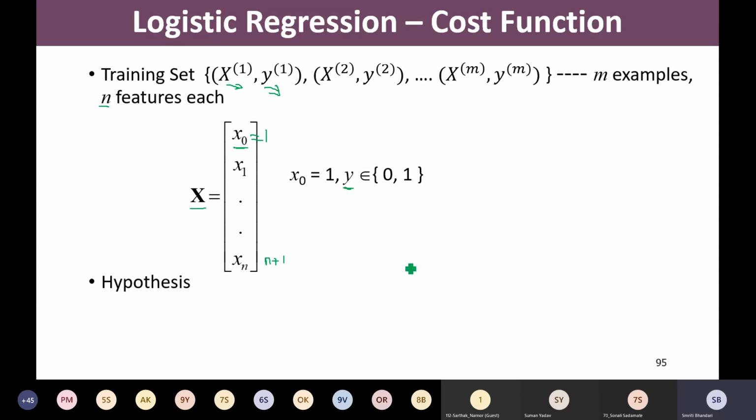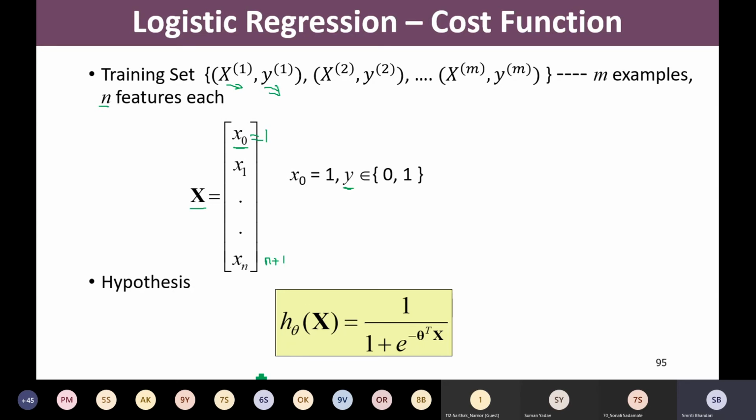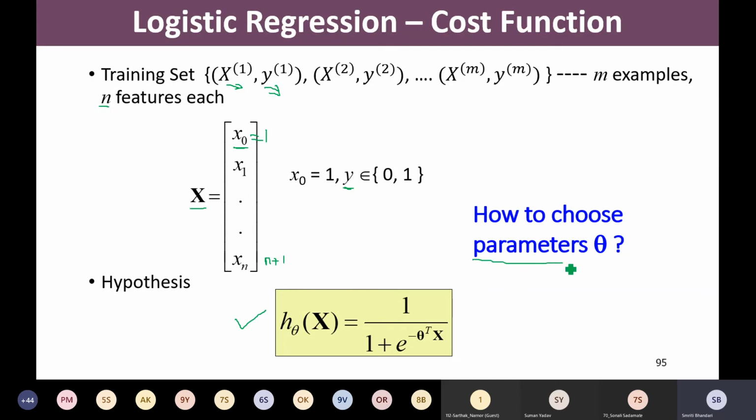Now, our hypothesis for logistic regression is of the form h theta x equal to 1 divided by 1 plus e to the power minus theta transpose x. This is the hypothesis that we have seen. What we would like to do is choose the parameters theta, and that is our goal.